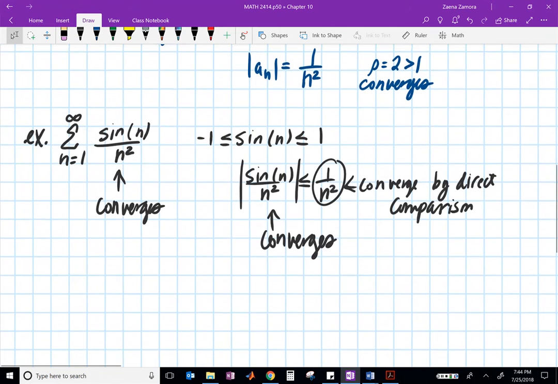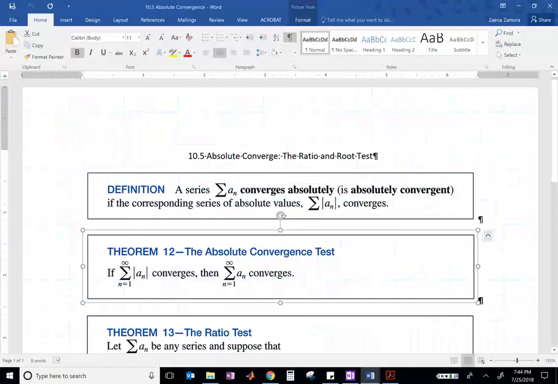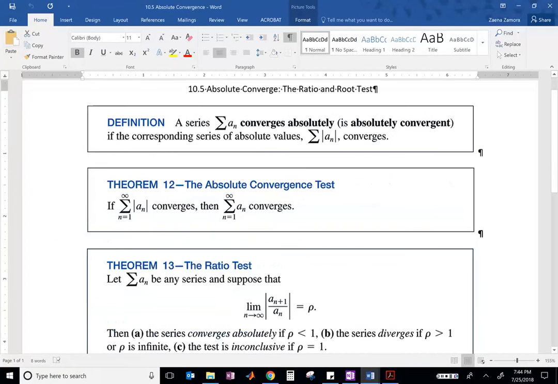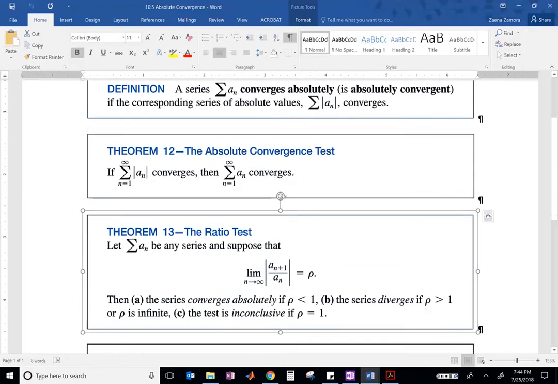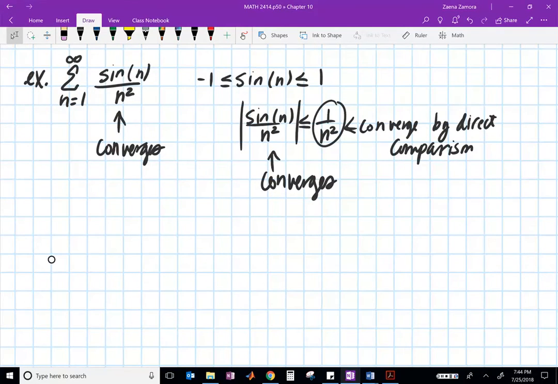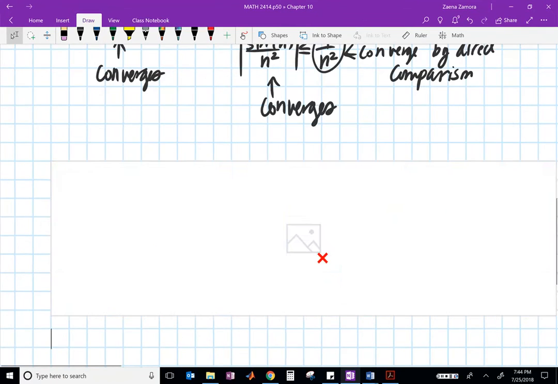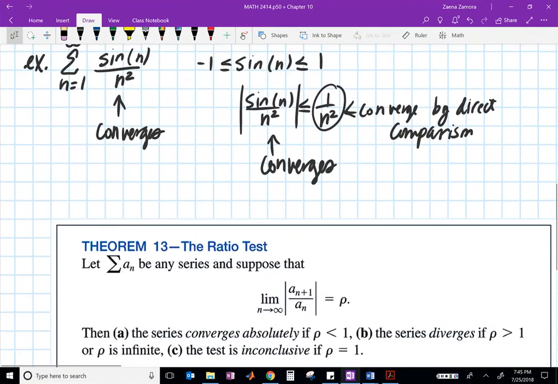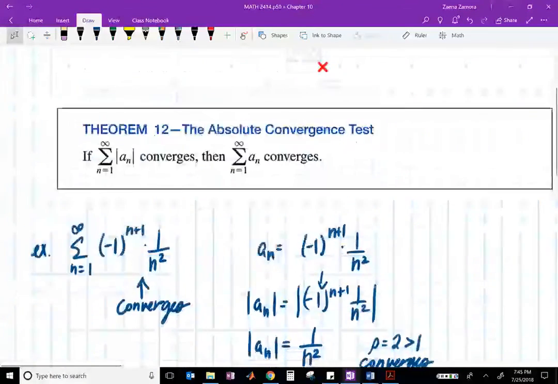The next test we're going to look at is called the ratio test. Oh, so what's the difference?